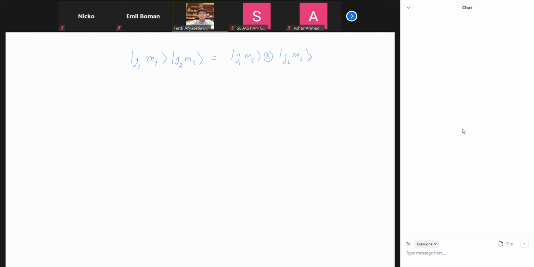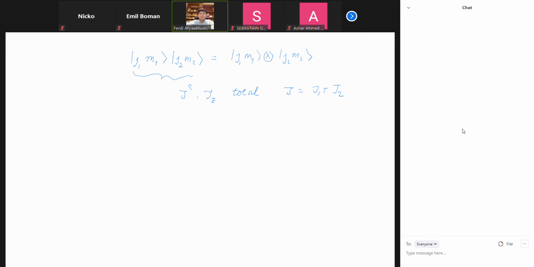So when we add angular momentum, we want to form linear combinations of these products such that the linear combinations are eigenstates of J squared and the total angular momentum Jz, like this, total. So J here would be J1 plus J2. And this is exactly what we have in this case, but it's a more general form.